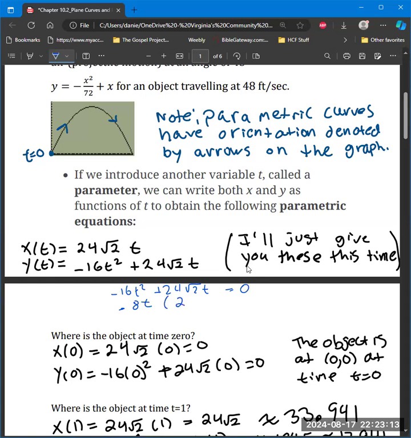That makes this 2t minus 3 root 2 is equal to 0. So t equals 0. I'm 0 over here at 0, or 2t is equal to 3 root 2, and t is equal to 3 root 2 over 2.